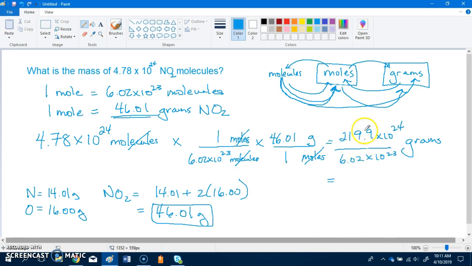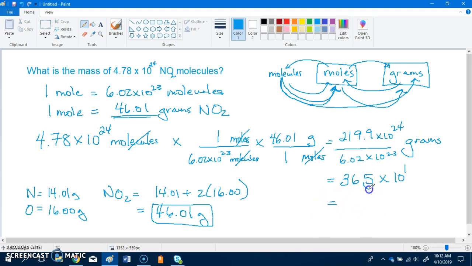Not quite finished. We now have to divide the top by the bottom. So 219.9 divided by 6.02 is equal to 36.5. And then when we divide 10 to the 24 by 10 to the 23, we are just subtracting: 24 minus 23 gives us 10 to the power of 1.